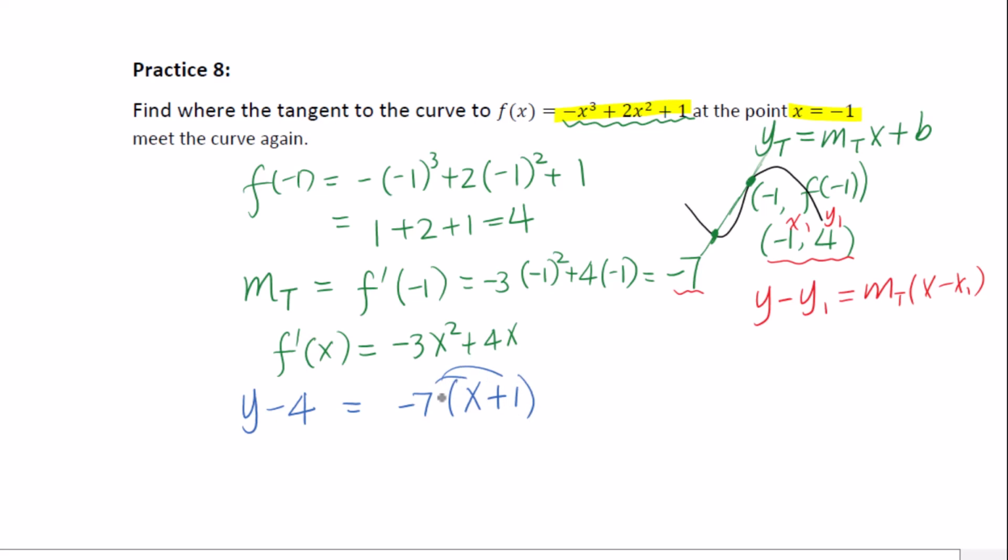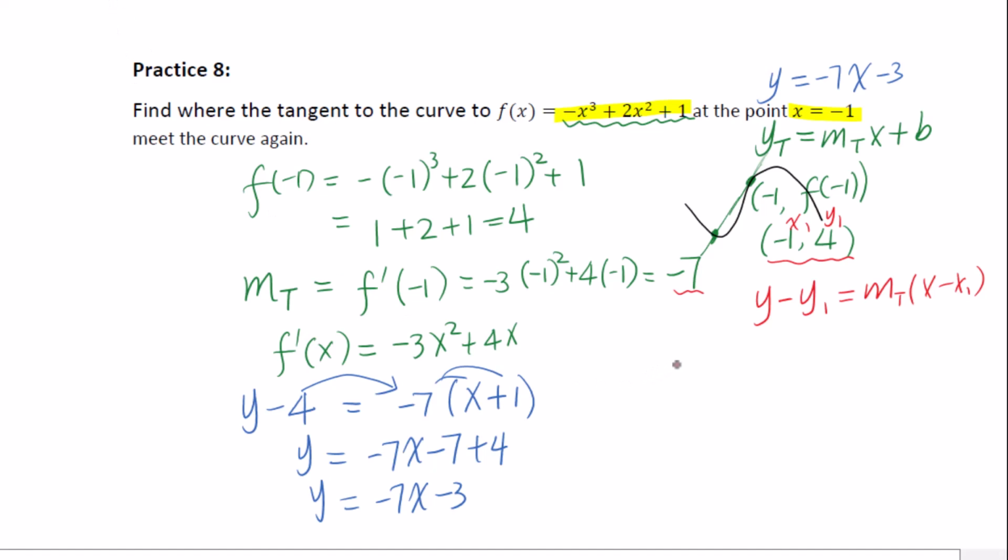Then distributive property, we will get y equals negative 7x minus 7, cross the river, change sign, plus 4. Y equals negative 7x minus 3. So we get the tangent line, which is y equals negative 7x minus 3.